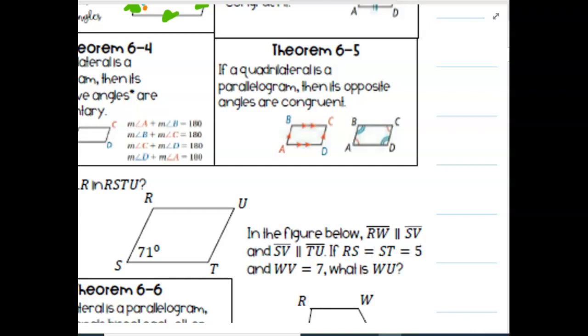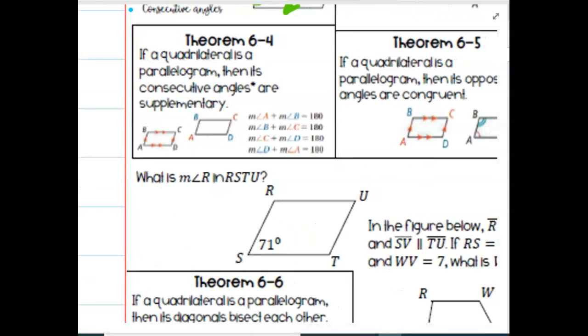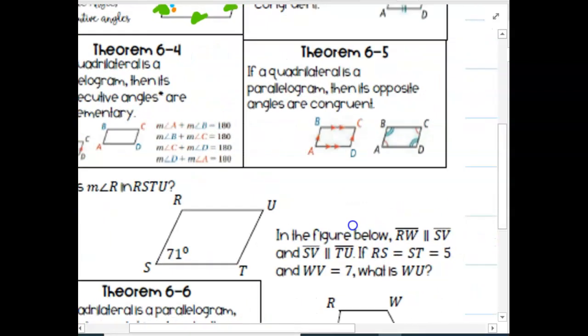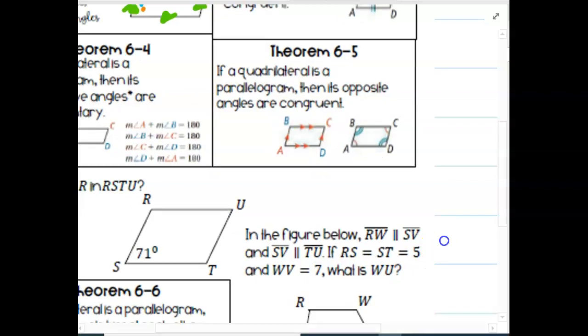I kind of think about this: consecutive angles are kind of like same side interior angles, which is actually exactly what they are. And these aren't necessarily like alternate interior, but kind of that's how you end up proving it in a way. But right, opposite sides, those are going to be congruent.